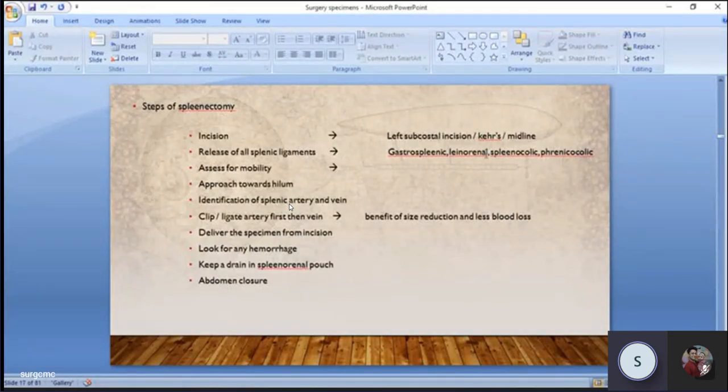If you remove all 4 ligaments, the spleen will automatically be mobile. Before excising these ligaments, you cannot mobilize the spleen. But after excising all 4 ligaments, you can see that the spleen is mobile. You can turn it medially, or you can pull it downwards. Okay. So is it clear?